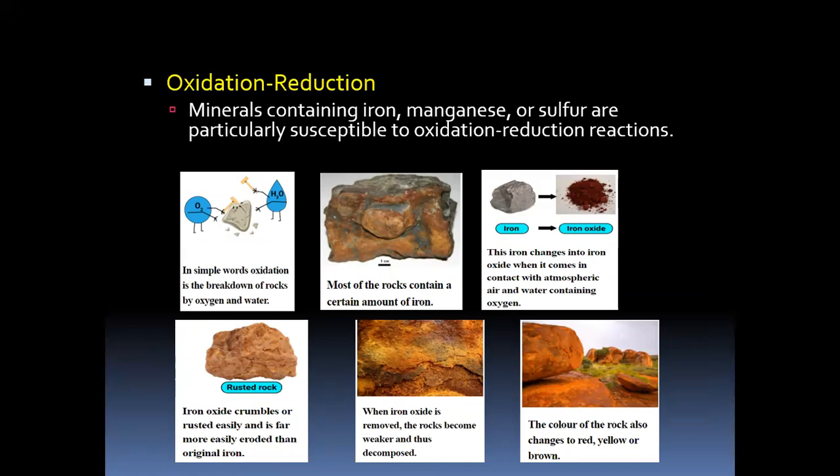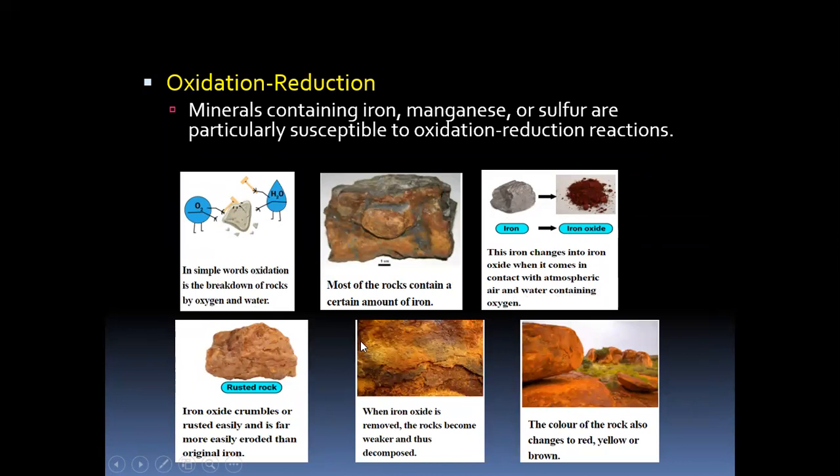Oxidation and reduction is another famous chemical reaction that happens with rocks. Simply, the rocks are broken down by the action of oxygen and water. Some rocks contain iron. When the iron is exposed to air and water, it gets oxidized.